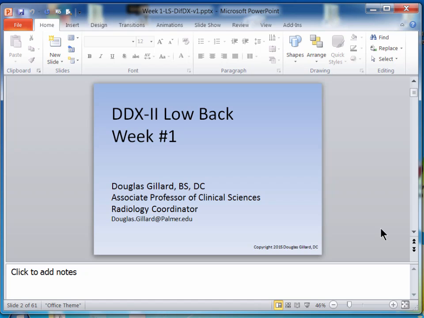Know where the nerve roots bud off the thecal sac. Remember we talked about how typically L1 through L3 bud off above the same level disc, so the L3 exiting nerve root buds off the back of the L3 vertebra.